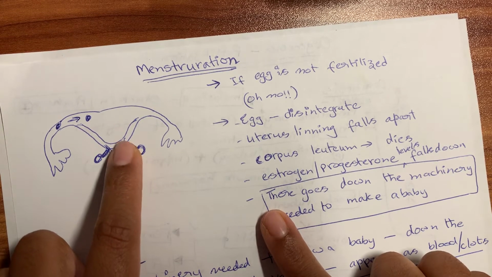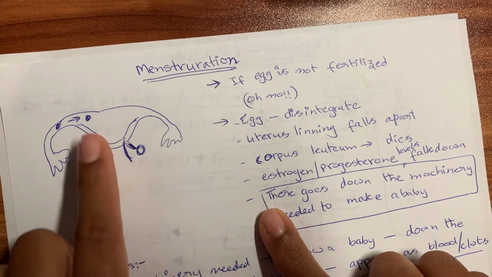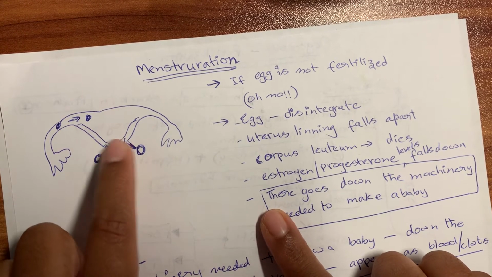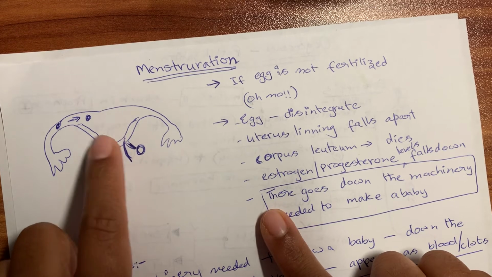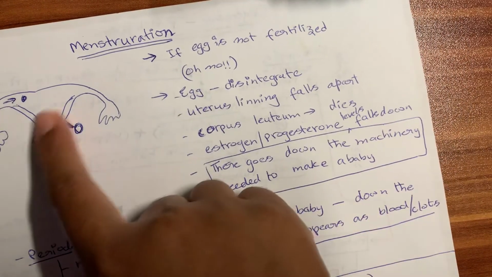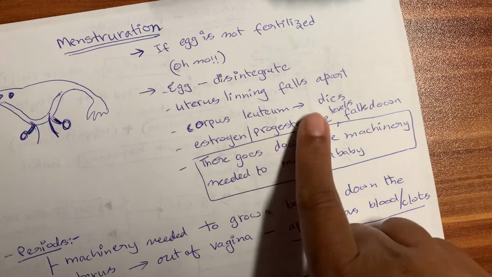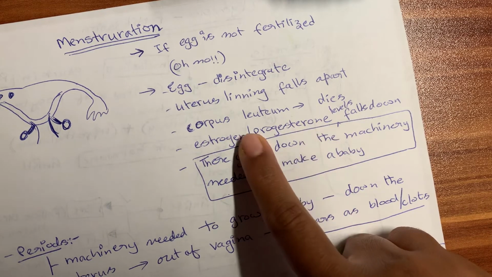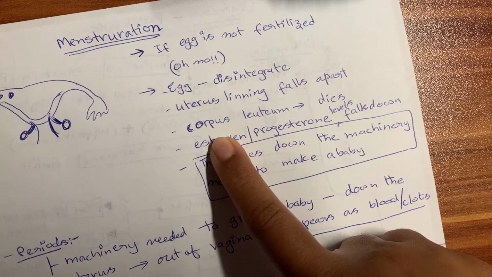It tries to fall apart because we don't have any zygote forming, and they don't need this machinery anymore, so it tries to break up and just fall apart. This is the corpus luteum. It's like a shell that holds the egg together.